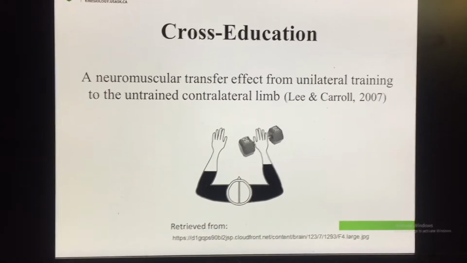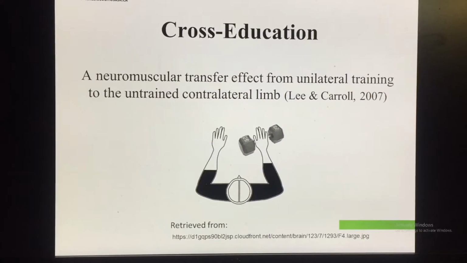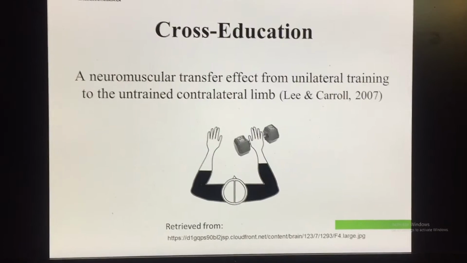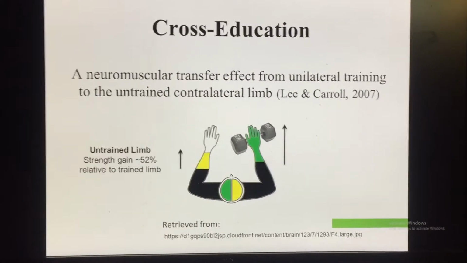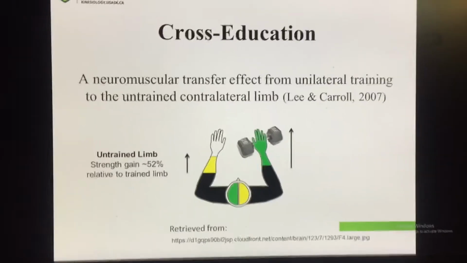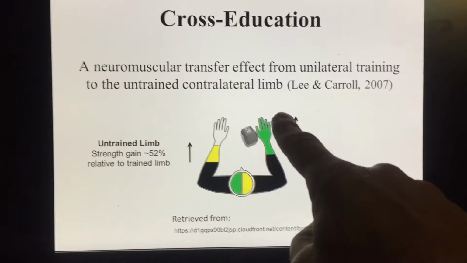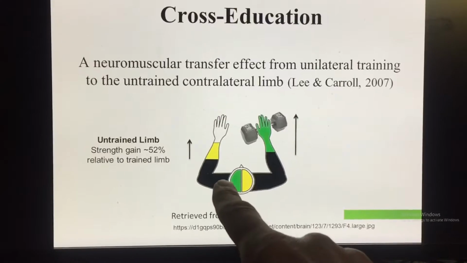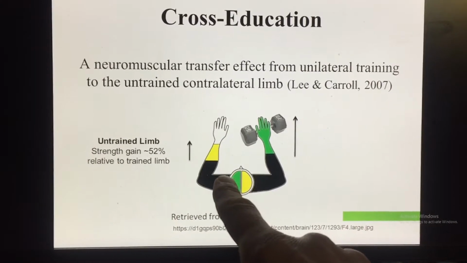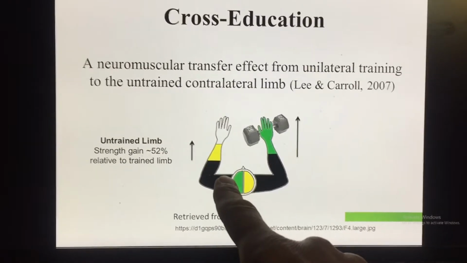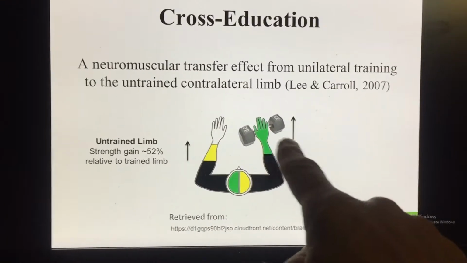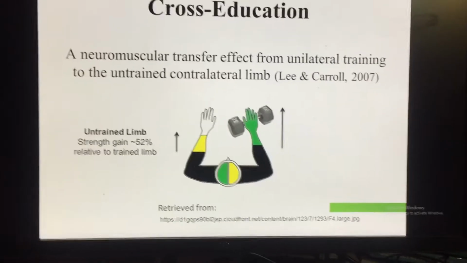So what's happening here is that with cross-education, in this example, you're training the right arm over weeks or months. And when you train your right arm, as represented in the green, you activate the left side of your cerebral cortex. So your motor cortex on the left side activates the right side of your body.